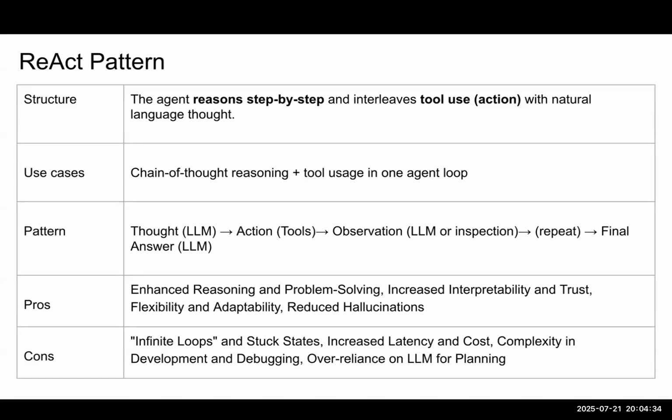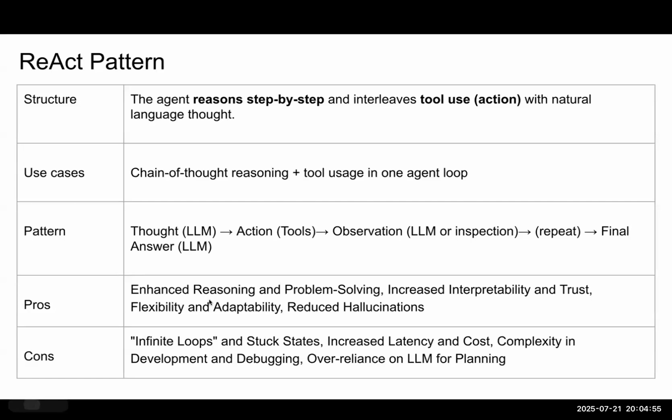If it's more descriptive, you might use an LLM for understanding the results, or you can have your own machine learning model to inspect. But you repeat that until the final answer is coming. So this is a little bit of an engineer version of the pattern, not in the UI way, but in a cryptic way.